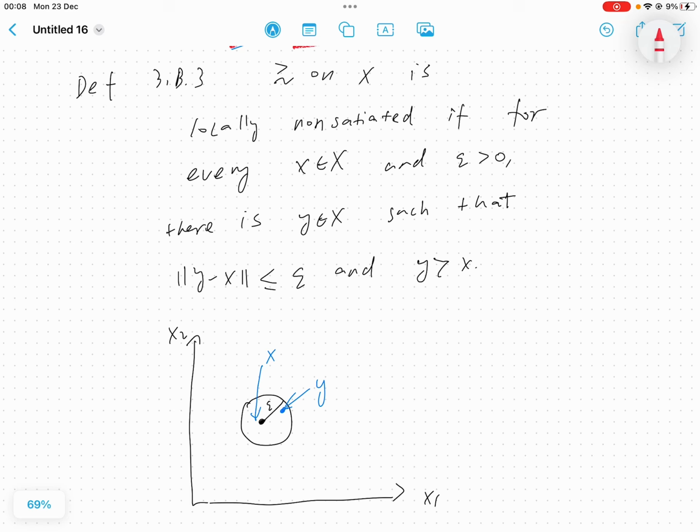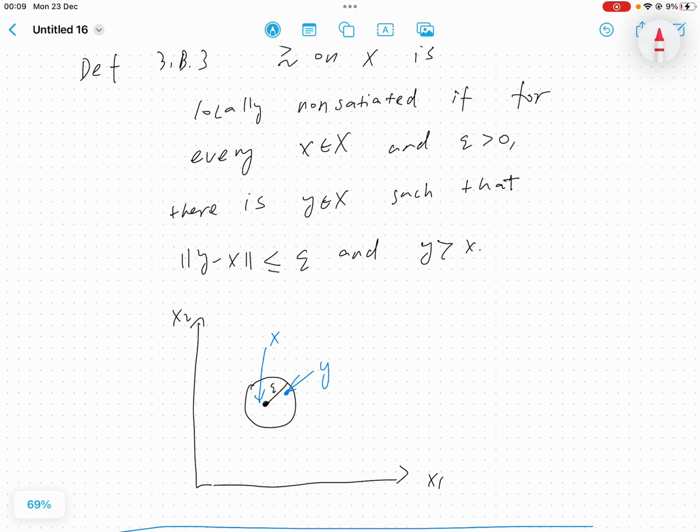We say that a preference relation on X is locally non-satiated if for every element x and every positive number epsilon, there exists some y such that the Euclidean distance between y and x in this space of X is no bigger than this epsilon, and this y is strictly preferred to x.